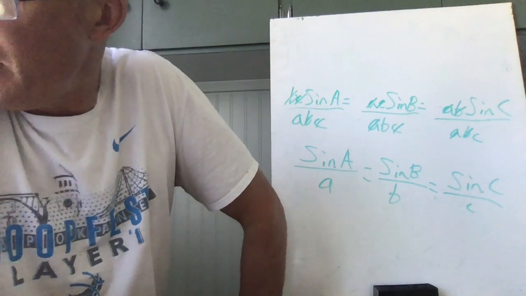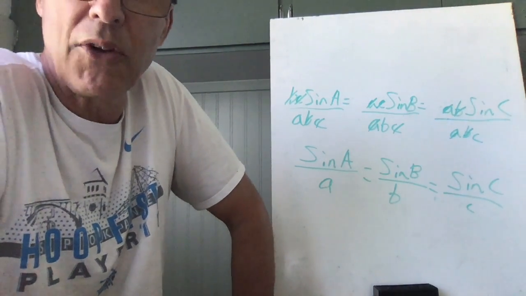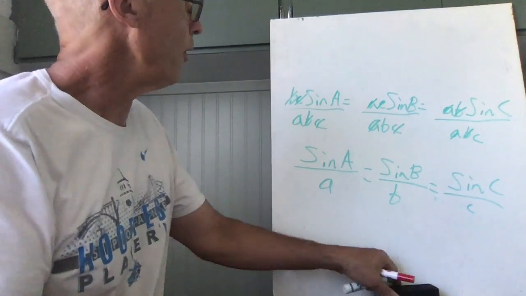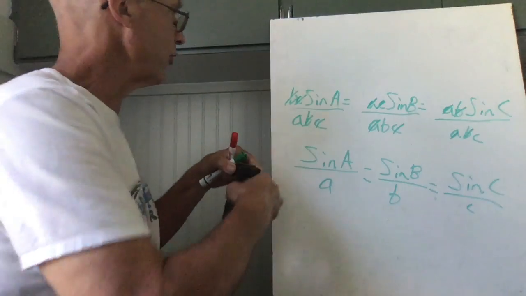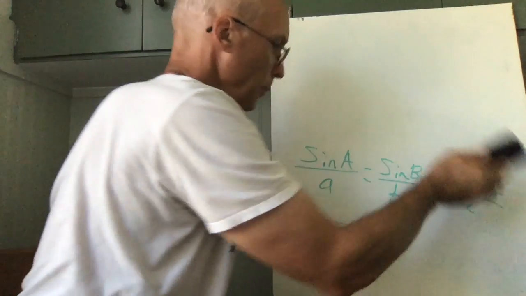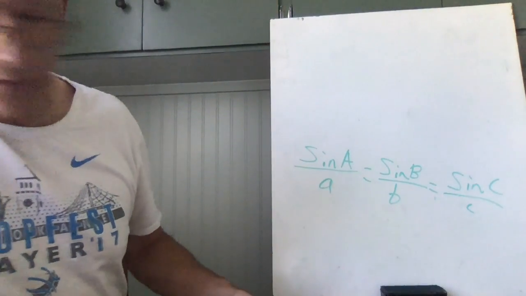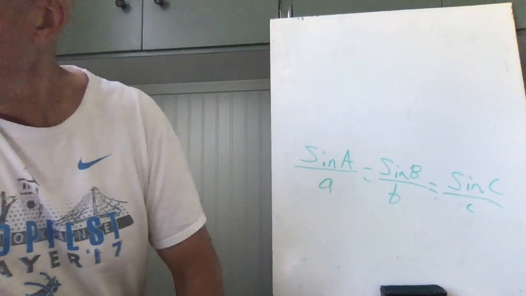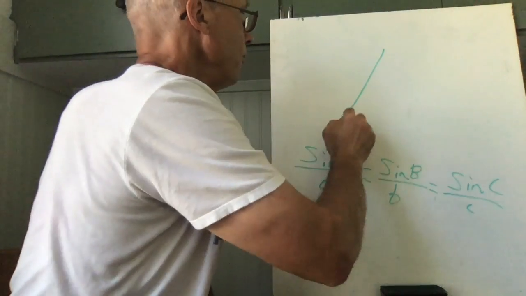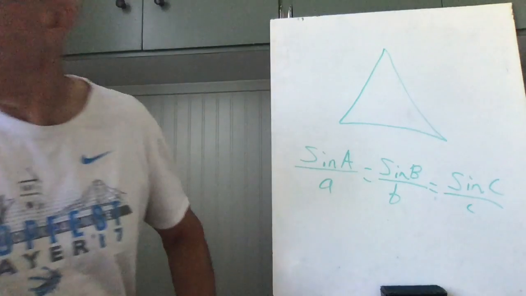Now, the way you're going to use this mostly is by what's called solving a triangle. So let me erase this part so I can show you up above. Let's just do an example that they give, in example 2. They show a triangle that looks something like that.